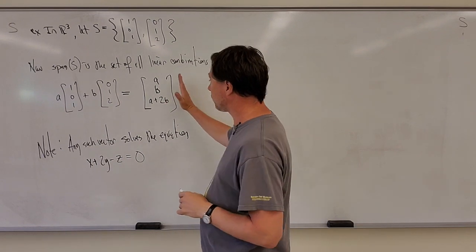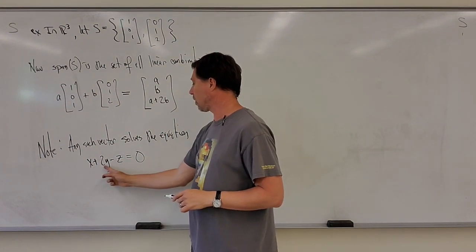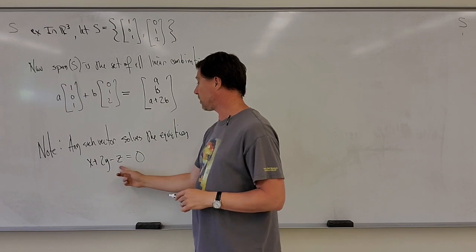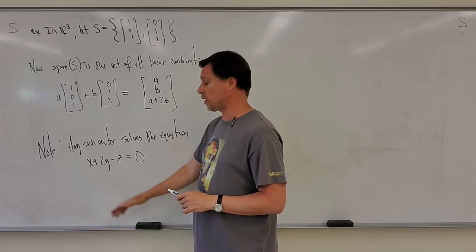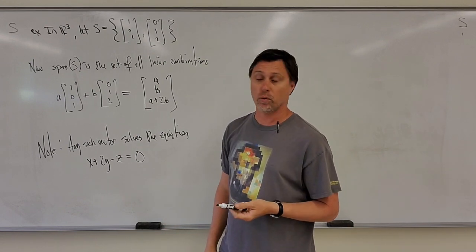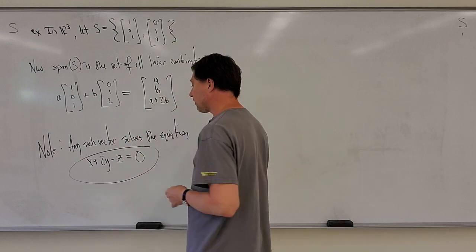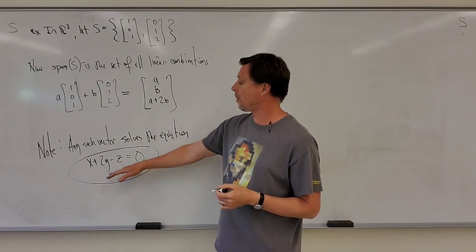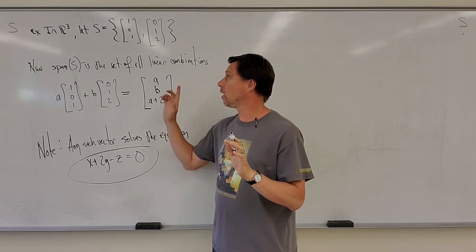So any vector of this form, take the A and put it in for x, take the B and put it in for y, and take A plus 2B and put it in for z. All vectors of this form satisfy this equation. And if you remember back to Math 143, what does this equation define? That defines a plane in R3. That is what the span of this set looks like.